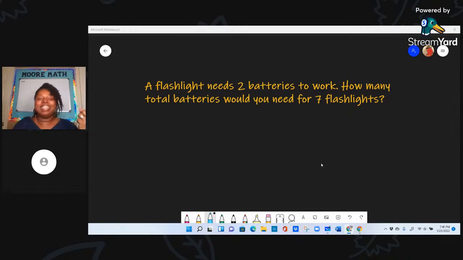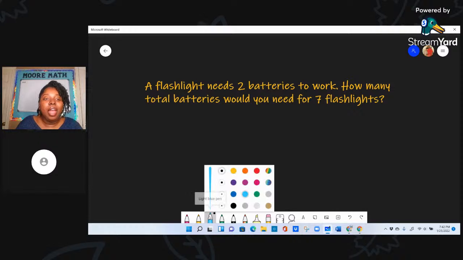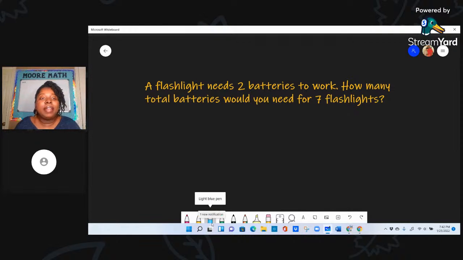All right. So let's start off with a word problem like this. I'm going to read it, and then you're going to tell me what the important information is and how we should solve this problem. A flashlight needs 2 batteries to work. How many total batteries would you need for 7 flashlights?